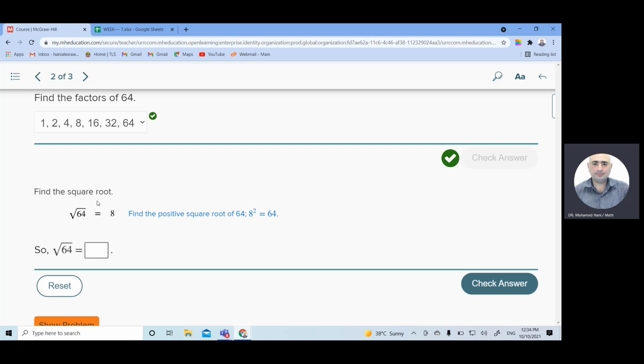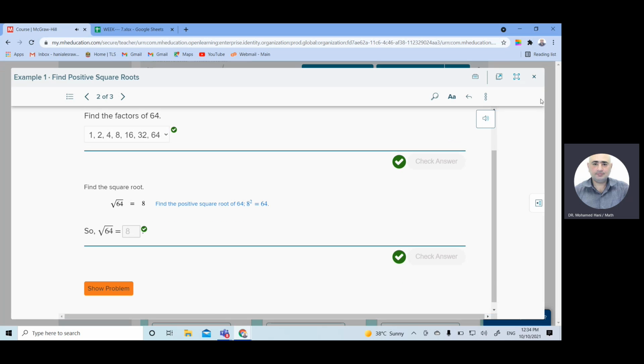So the square root of 64 will be what? Will be 8. Why 8? Because 8 times 8 equals what? Equals 64. So the square root of 64 equals 8. Right. Don't write anything here.